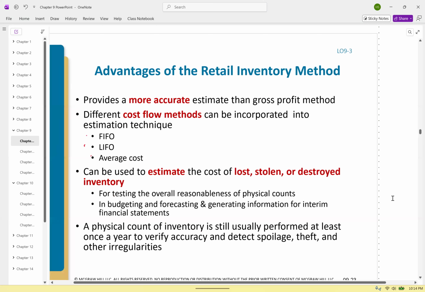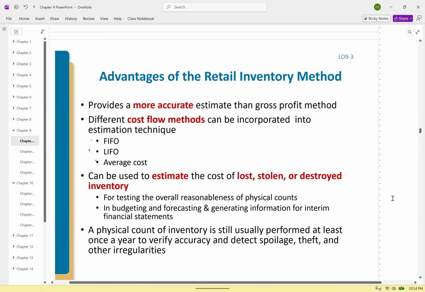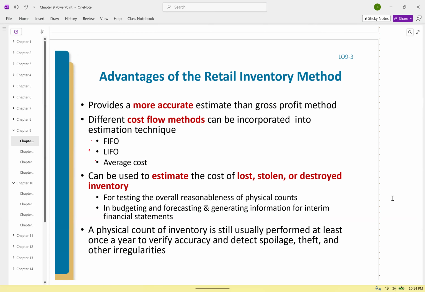Even though they might be using this to estimate, they still need to count inventory at least once a year. Now, there are certain times when they could get away with not counting 100% of the inventory. My husband was a very good inventory control manager at Performance Food Group.